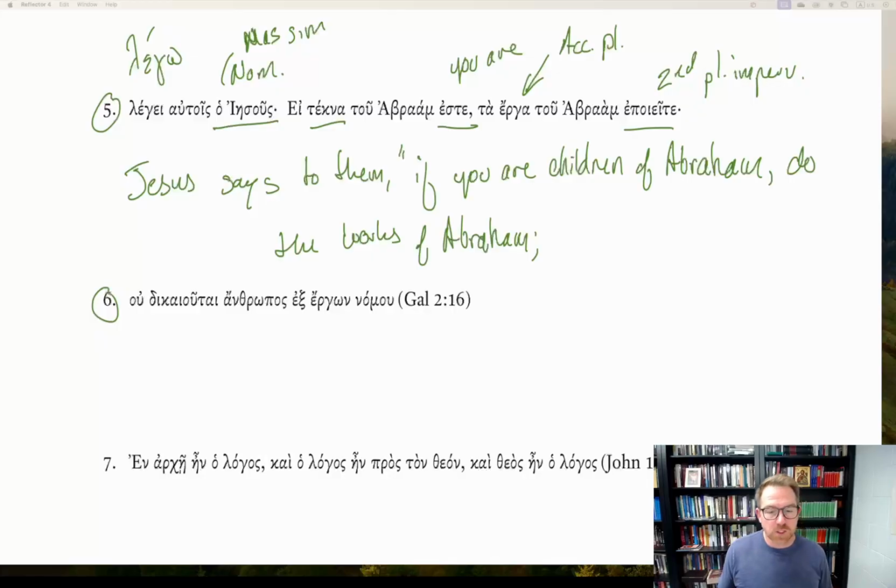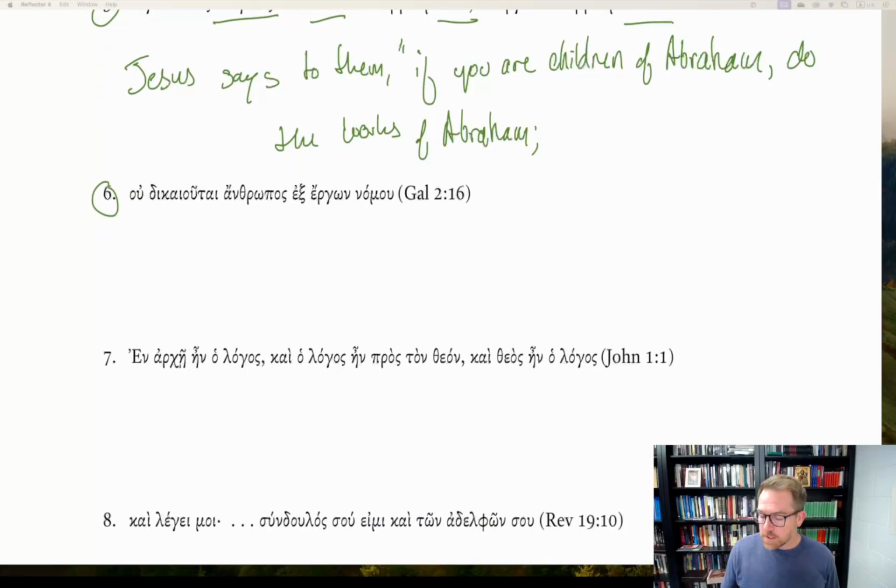Another example from Galatians 2:16, Galatians, one of my favorite books. Ou dikaioutai anthropos ex ergon nomou.